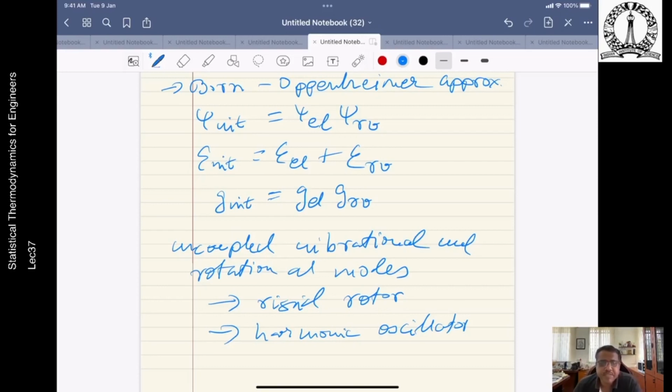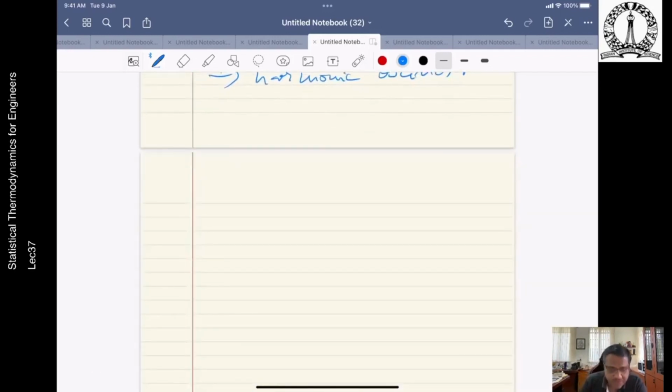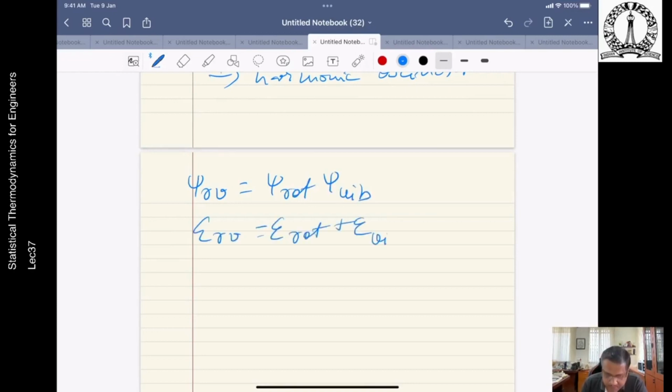So the Schrödinger wave equation could now be written in terms of independent potential functions for both the rigid rotor and the harmonic oscillator. They produced independent energies and degeneracies. So the rovibrational energy E_RV was further divided into rotation plus vibration, and the degeneracy g_RV was given as g rotation and g vibration.